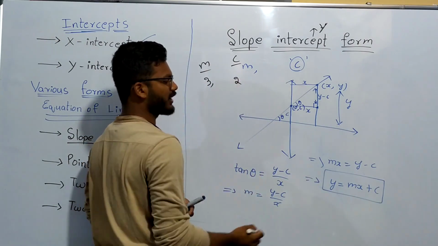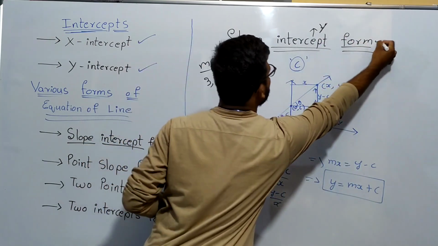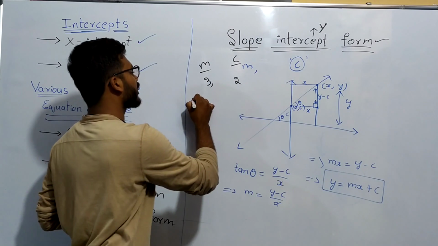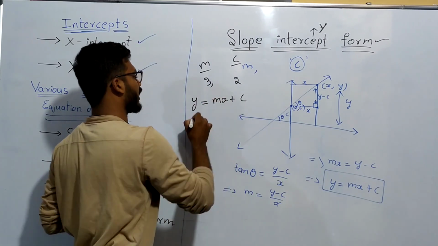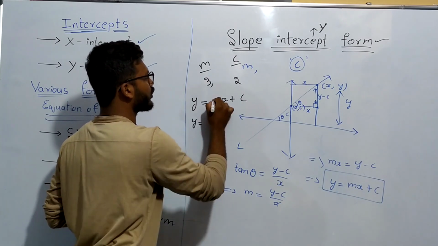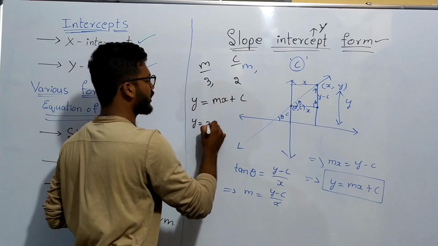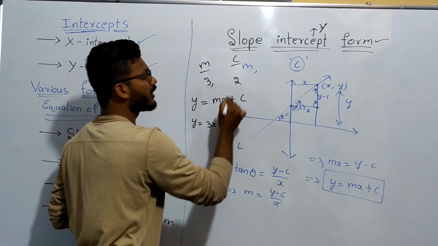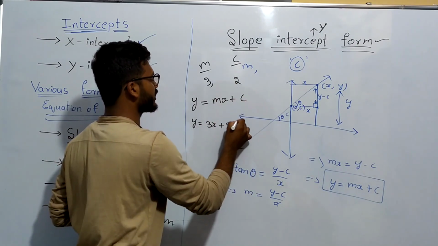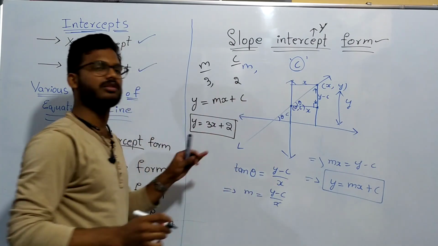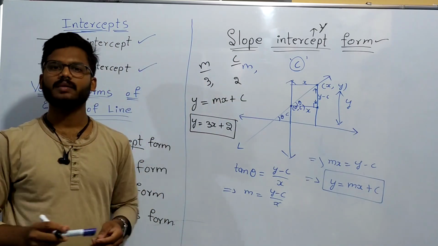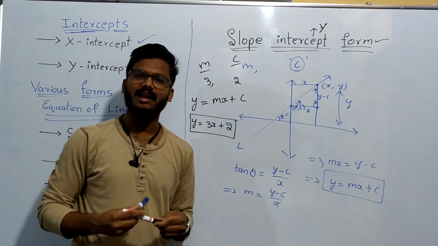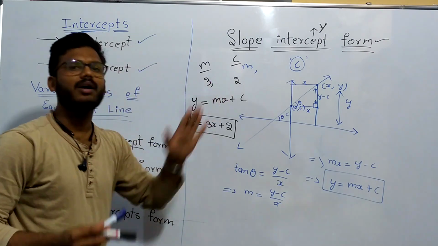We know slope and y intercept, so we have to use the slope intercept form, which is y is equal to mx plus c. Here slope is 3, so m into x is 3x, plus c, the y intercept, which is 2. So this is the equation of the line with slope 3 and y intercept 2. Like this we can find the equation of any line if we know slope and y intercept.